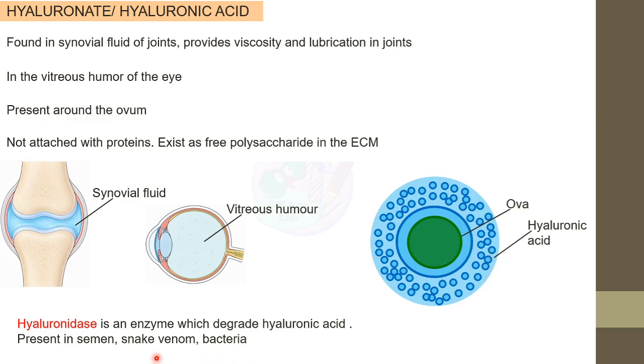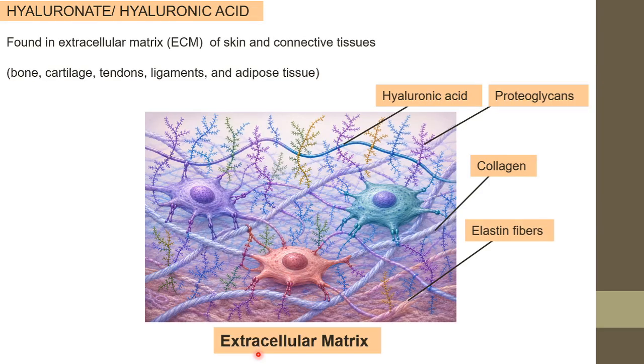Similarly, many snake venoms have hyaluronidase enzyme, which degrades the hyaluronic acid in the extracellular matrix of our skin, so that other components of the venom can easily enter the skin. Similarly, to increase their infectivity, some species of bacteria also have hyaluronidase enzymes.